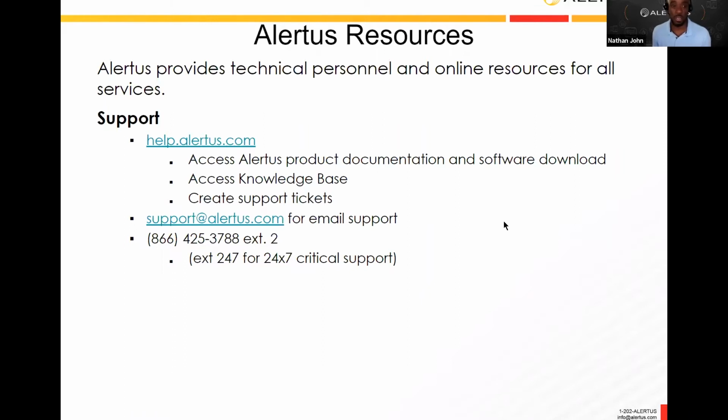And you can also find how-tos on configuring these individual components of our solution. My slide does say software downloads. We'll have that ready for you in a very short order. But for now, software downloads are only available at my.alertus.com. So we're almost finished with that transition.